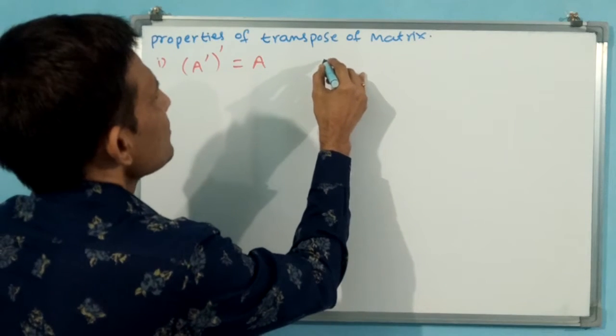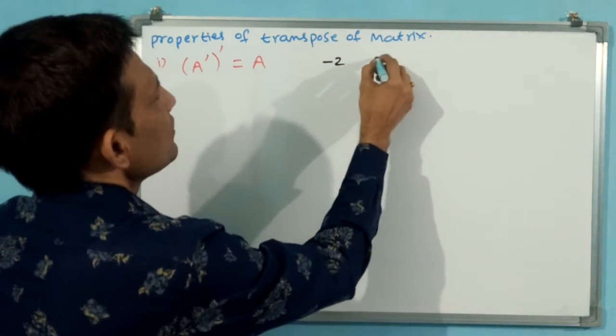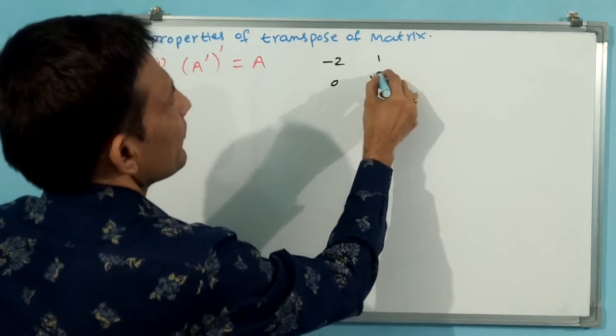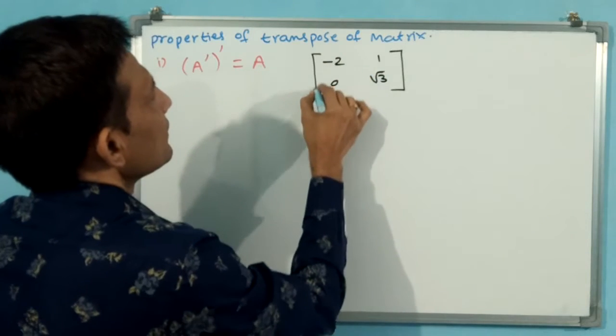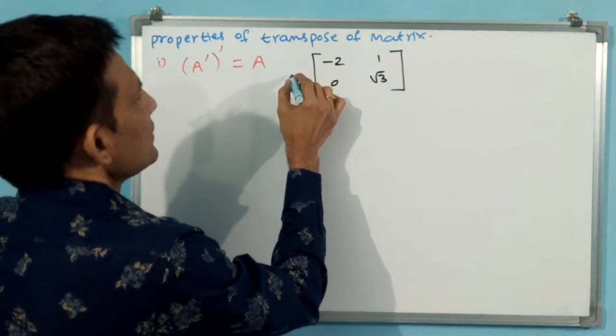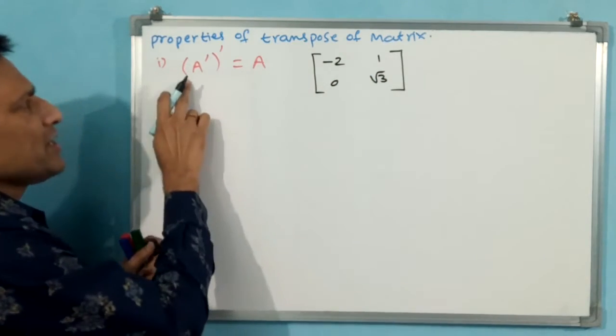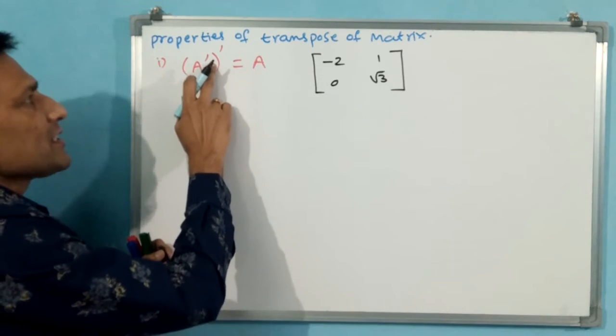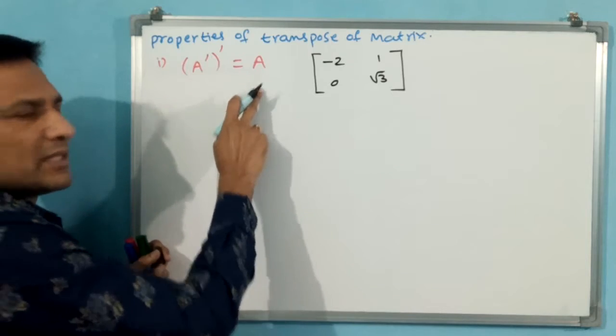Okay, 2 by 2 I am taking, you see: -2, 1, 0, root 3. This is a matrix A or whatever. See here, A transpose whole transpose is equal to A. If it is C, then C transpose whole transpose is equal to C will come. That's all.